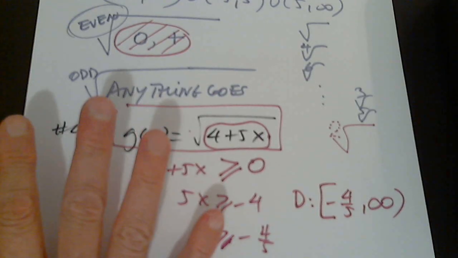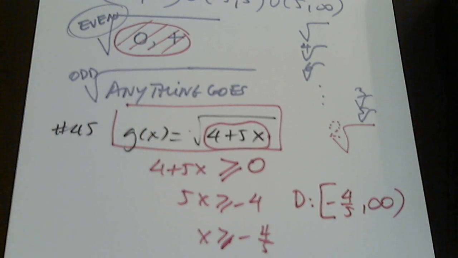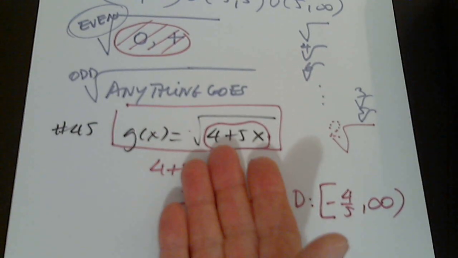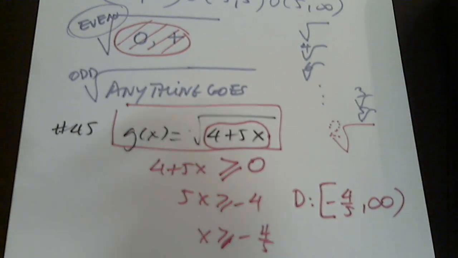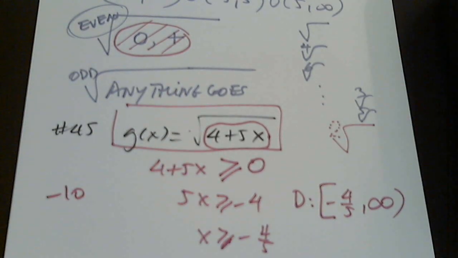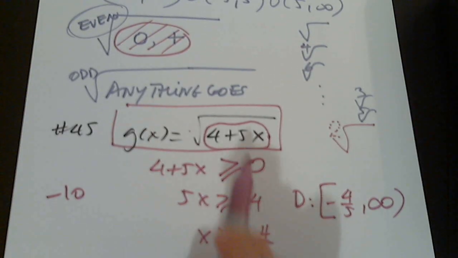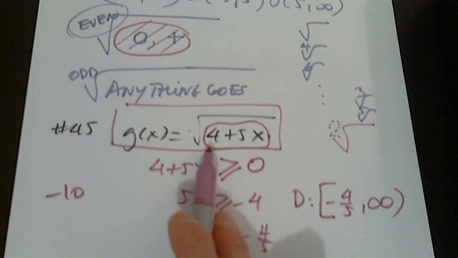Again, we did not do anything to the function, but if you ask me what you can evaluate it for, I will say only between numbers -4/5 and infinity. If you ask me to plug in -10, I'll say, I'm sorry, I can't. -10 is not in the domain. 5 times -10 is -50 plus 4 is -46.